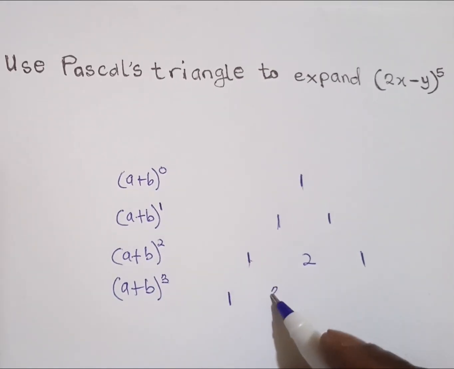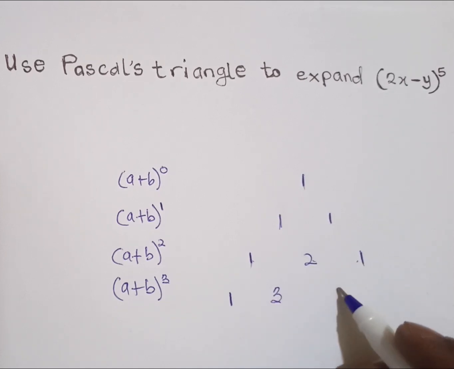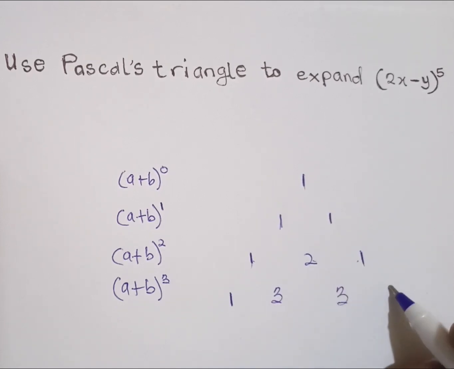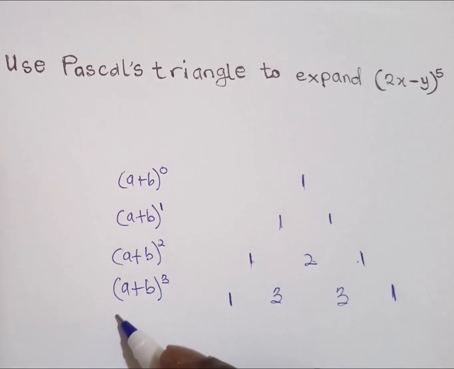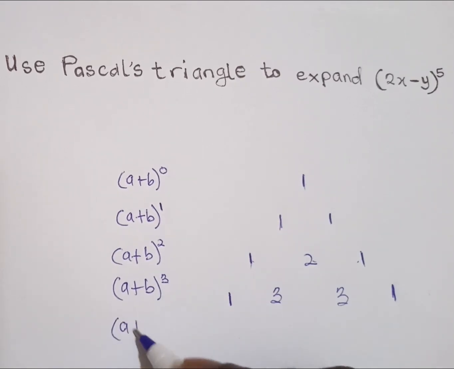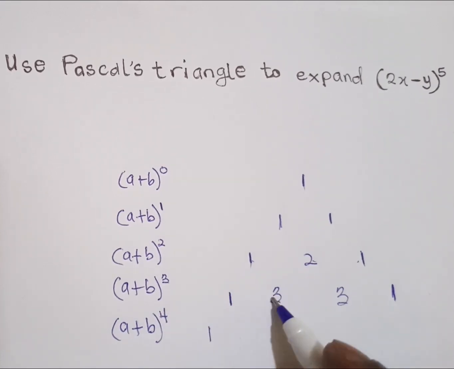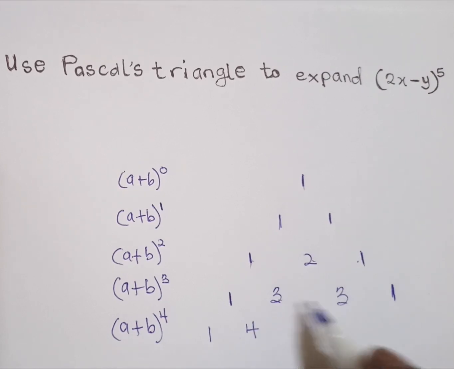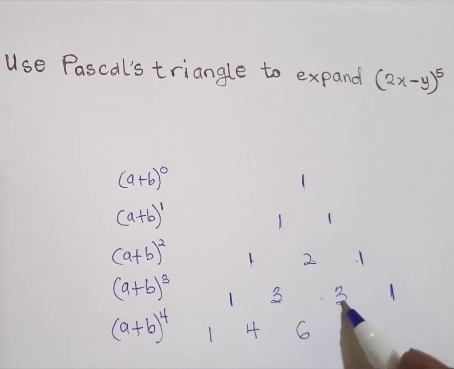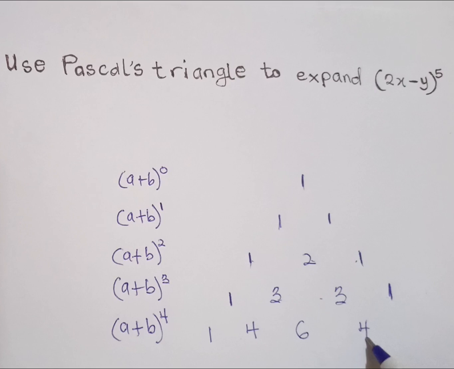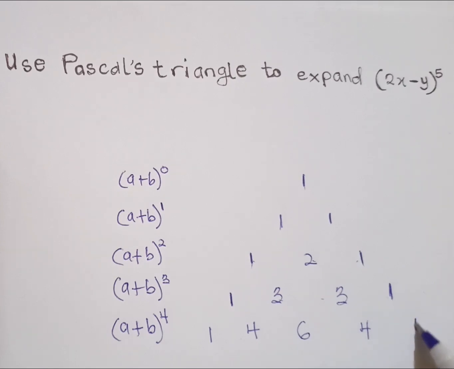This plus this is 3. This plus this is 3. And then I have 1 here. Then I have (a + b) exponent 4. Then I have 1 here. This plus this is 4. This plus this is 6. This, and then we have 4 here, and then my 1.